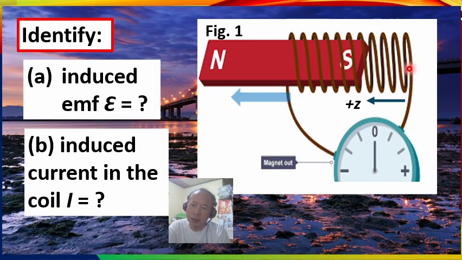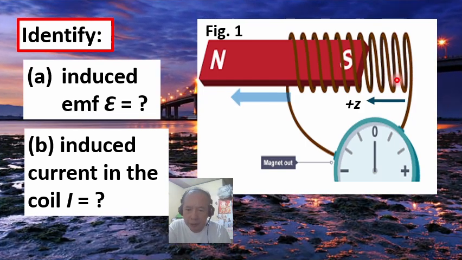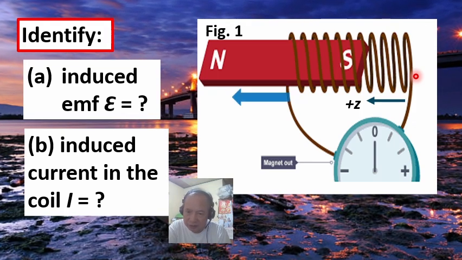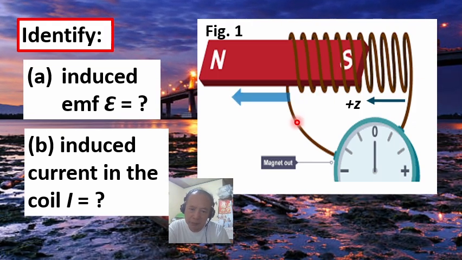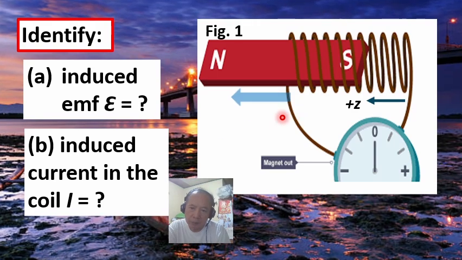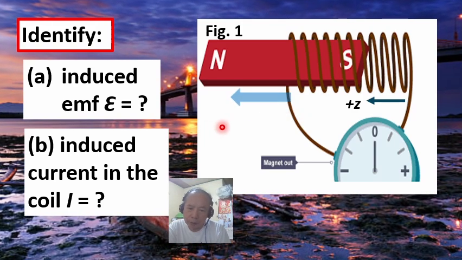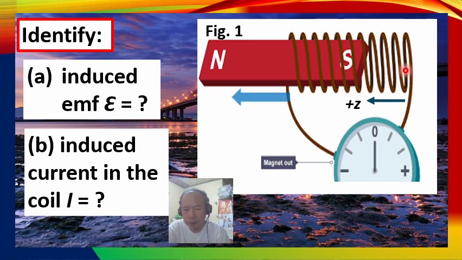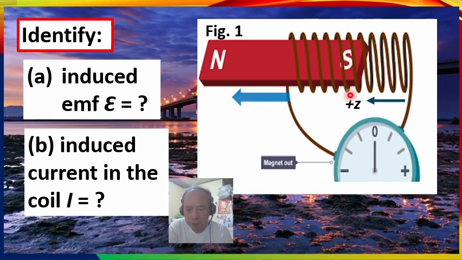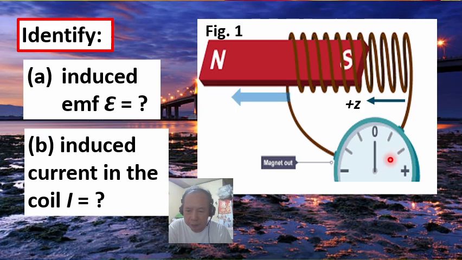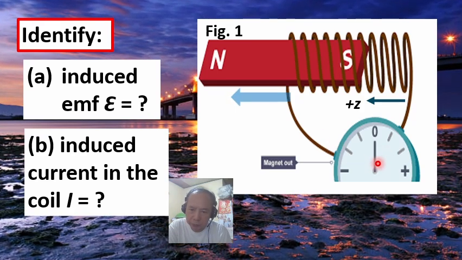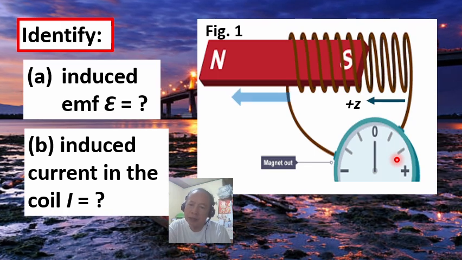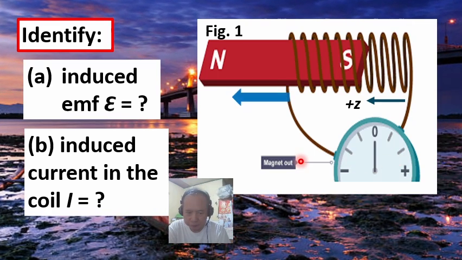Although this conducting wire has a certain value for resistance, we want to find out how much current will be induced. As shown in the figure, that amount of induced current will be measured by the attached galvanometer.